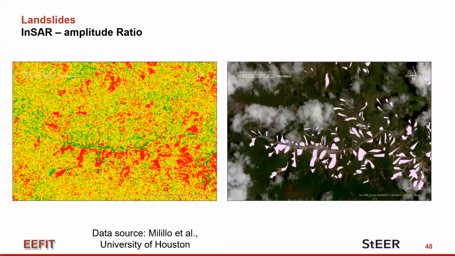On the left-hand side is basically a training method where we've looked at the same area, and in the polygons here in pink, we try to extract the individual landslides to see how they correlate to the InSAR assessment. So what we're going to be doing going forward is using the InSAR to help us identify landslides from imagery that doesn't have clouds, so after the rainfall and hurricane season, and use that to train the system so we can identify the full distribution of landslides.